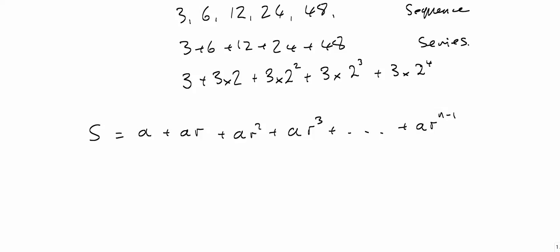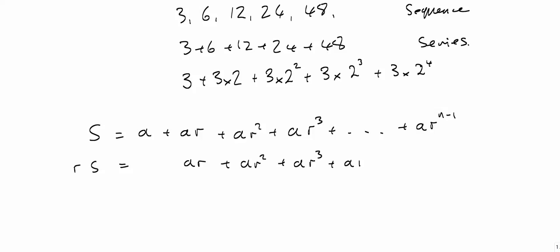Well, what I'm going to do is multiply S by r, to make rS, and therefore that is equal to this series multiplied by r. So first term a multiplied by r is ar, and I'll write it here. The second term ar multiplied by r is ar squared. The third term ar squared times r is ar cubed.